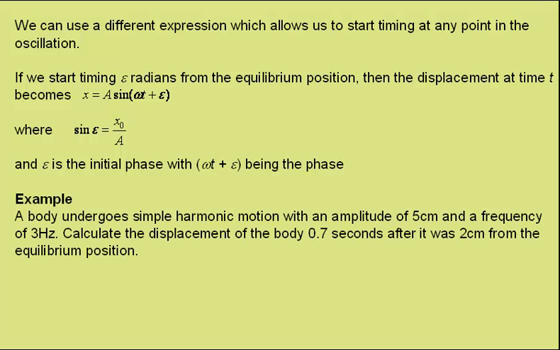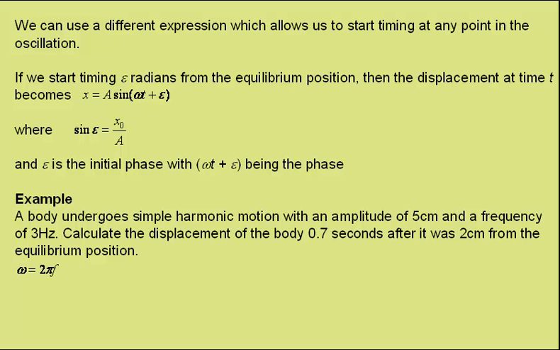For example, a body undergoes simple harmonic motion with an amplitude of 5 centimeters and a frequency of 3 Hz. Calculate the displacement of the body 0.7 seconds after it was 2 centimeters from the equilibrium position.